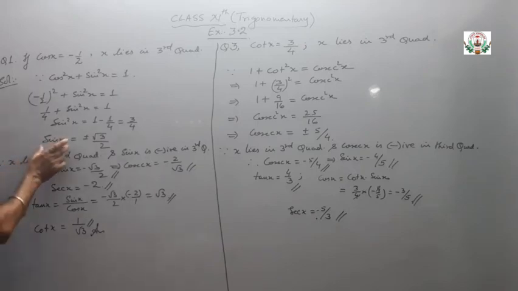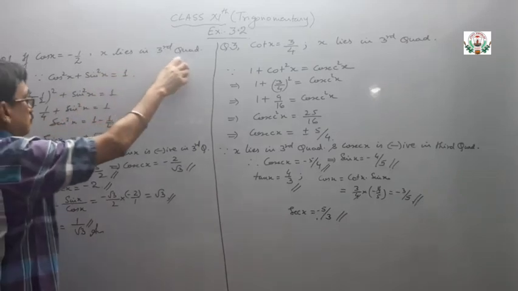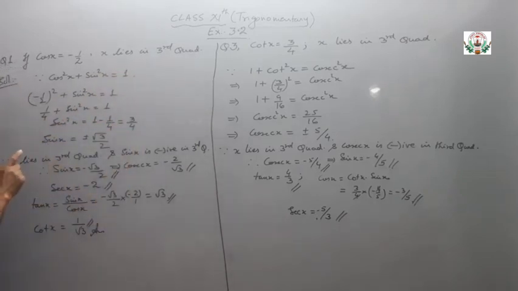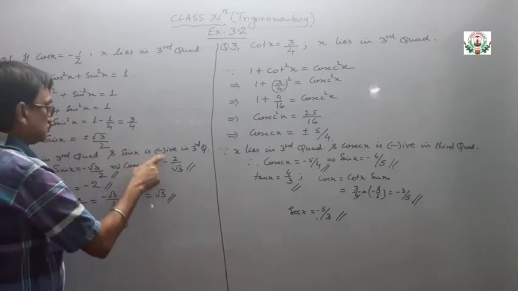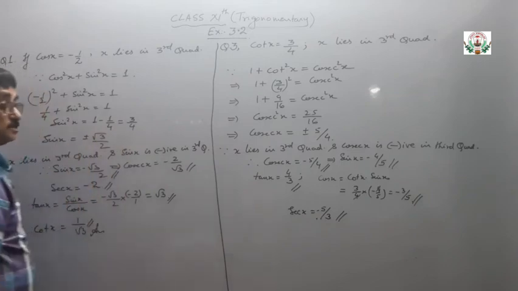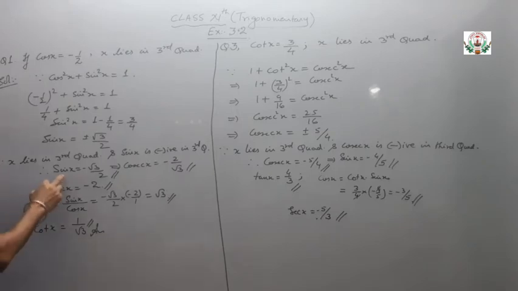After calculating the value of sin x, since x lies in the third quadrant, and in the third quadrant sin x is always negative, we have to take minus root 3 by 2. So sin x equals minus root 3 by 2, and now just reverse it.